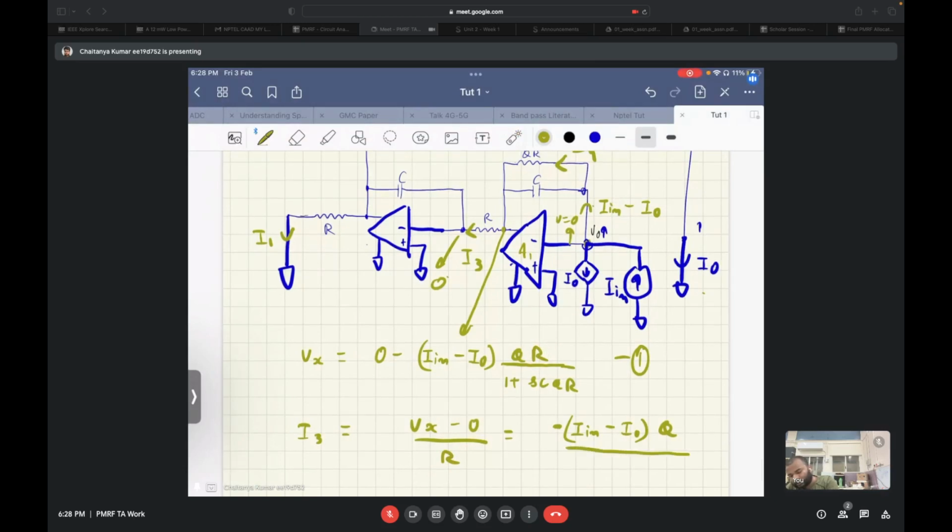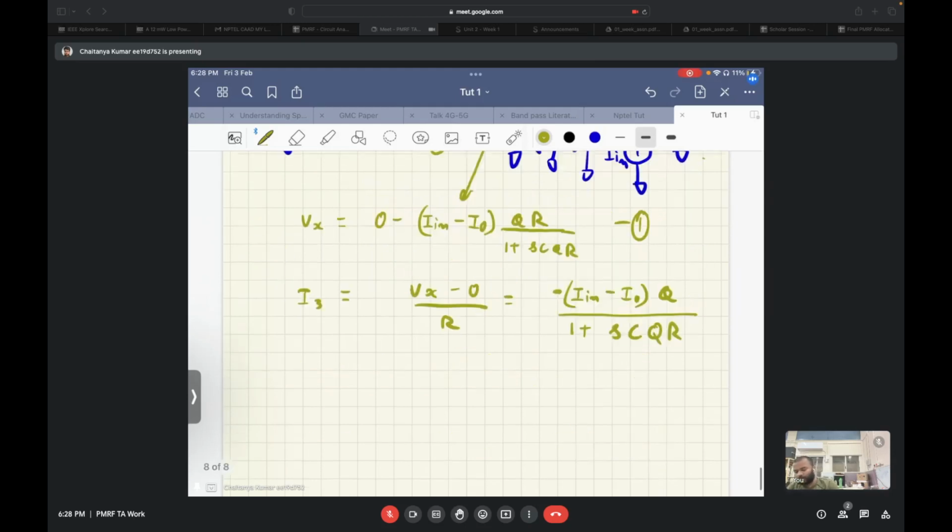So I3 is (I in minus I naught) by Q divided by 1 plus SCQR. So we have one more equation. Let's call this equation 2.